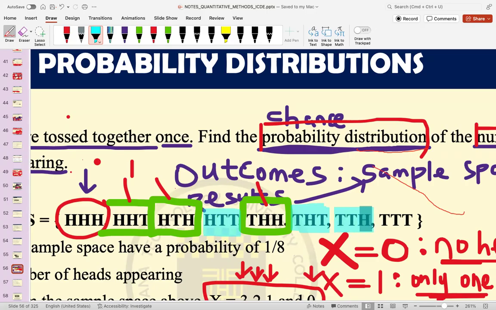So in essence, we have three possibilities showing one head. This is the first one, the second one, the third one.